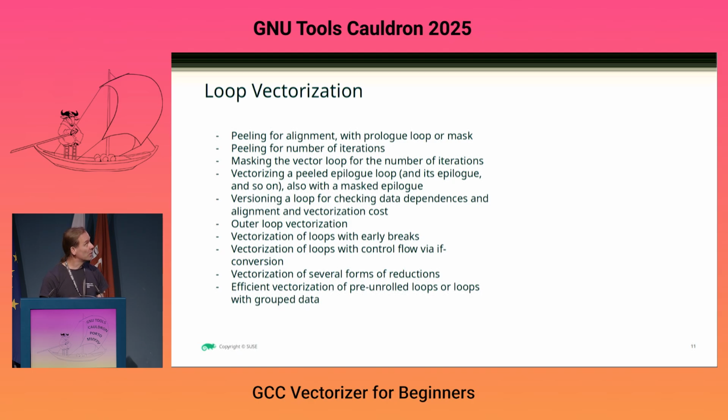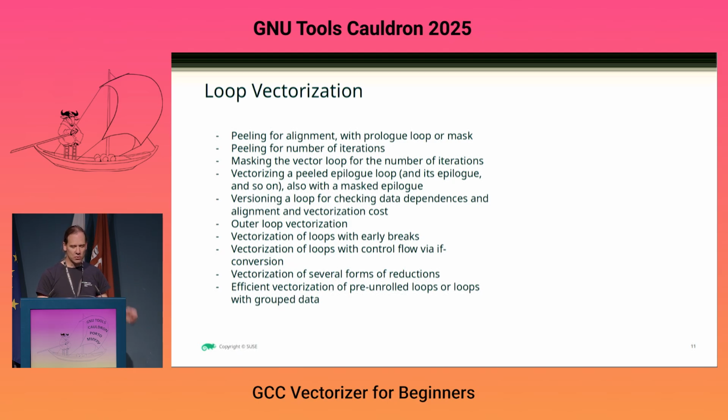When there is a scalar epilogue, we can vectorize that epilogue, for example with a smaller vector size. Considering x86 with its three vector sizes, 512, 256, and 128, we can do this twice: the main loop with 512, the first epilogue with 256, the second epilogue with 128 vectors, and then a last scalar epilogue if it's still necessary.